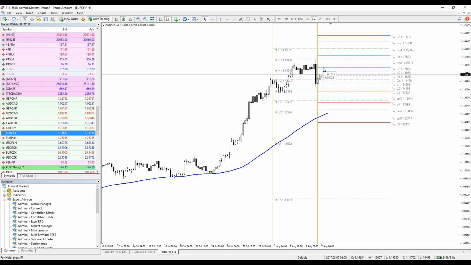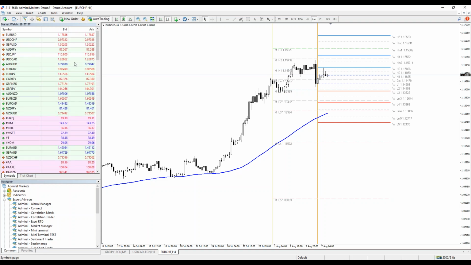This was a rejection, you see? Now, what would I say? If it closes above weekly H3, this would then be a possible uptrend continuation. Weekly L3 is the level to go long. This is bullish. Euro GBP.